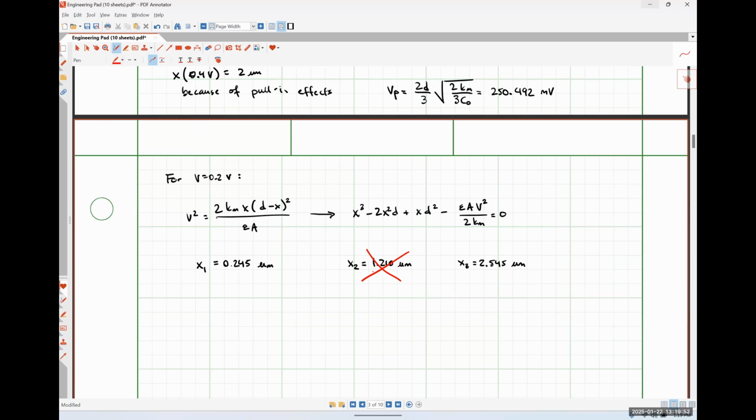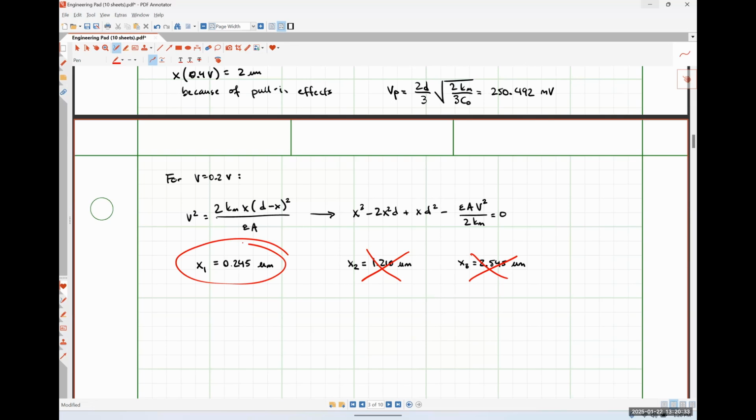Because if our displacement is greater than 1/3 of D, then we would have suffered pull-in effects. So now we've got a 50-50 shot. So let's talk about why X3 has to be wrong. It represents literally a physical impossibility, right? We cannot move our top plate literally through our bottom plate. So because that distance is greater than our nominal gap, there is no way that could be the right answer. So that guy is wrong, which means that's our displacement.